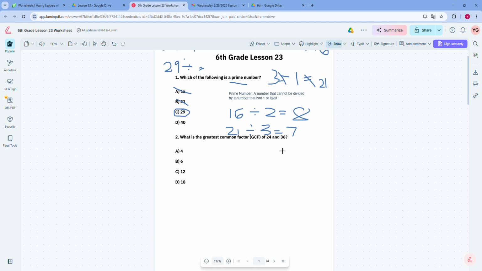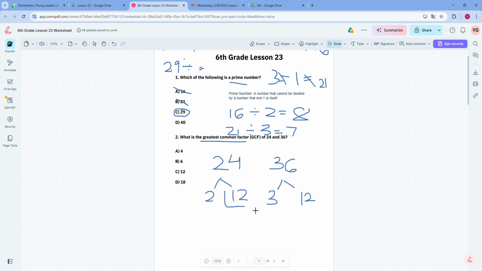What's the greatest common factor, GCF, of 24 and 36? The name already tells you what it is, but basically a factor is a number that can be multiplied into here. So a factor of 24 could be 2, just to keep it simple, and a factor of 36 could be 3. And the greatest common factor is just the biggest factor that you're going to get from factoring out these two numbers.